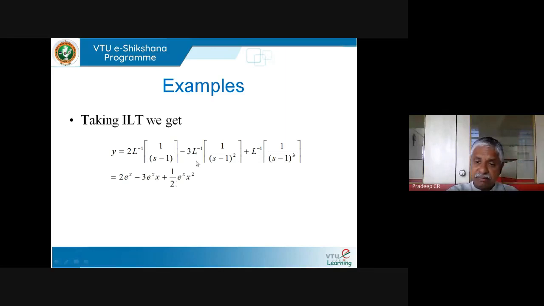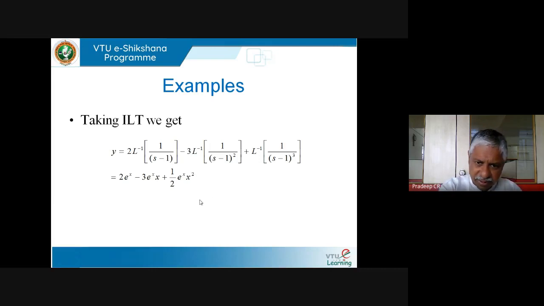And this inverse Laplace of 1 by s minus 1 whole square. Of course, there has to be a 3, because it is 3 by s square. Then I know, not 3, sorry, 1 by s square, inverse Laplace is e power x. Is that correct? No, I'm sorry, I'm saying something wrong. 1 by s minus 1 whole square, what is the inverse Laplace? 1 by s square will be t, so it will be x, correct.